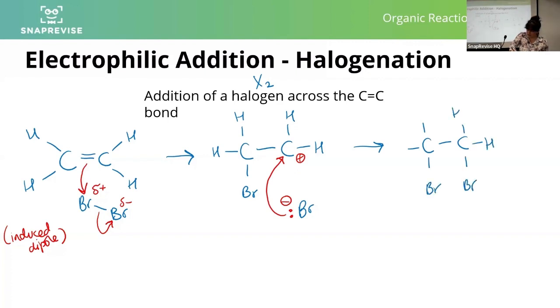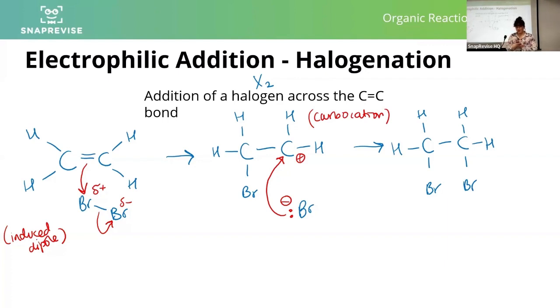Again, this is with a symmetrical alkene. So the carbocation intermediate that's formed in the middle, this is a carbocation. I won't draw that arrow because that is confusing. That is my carbocation species. If I drew the bromine on the other carbon, it would have made no difference.